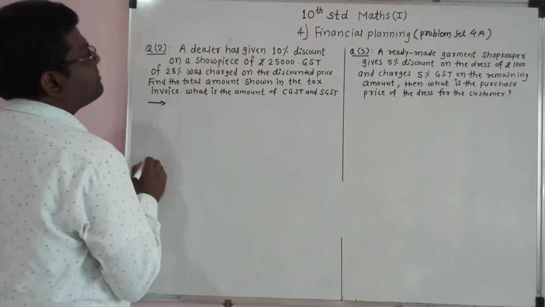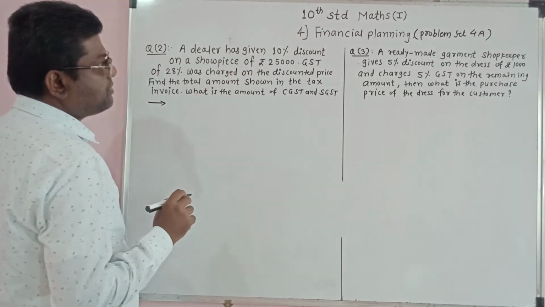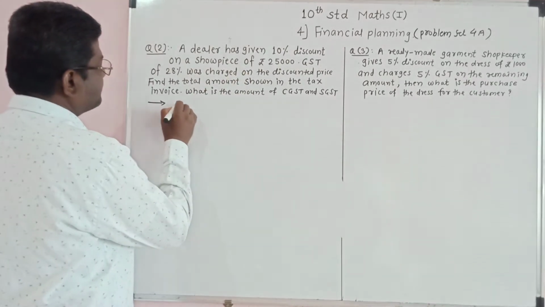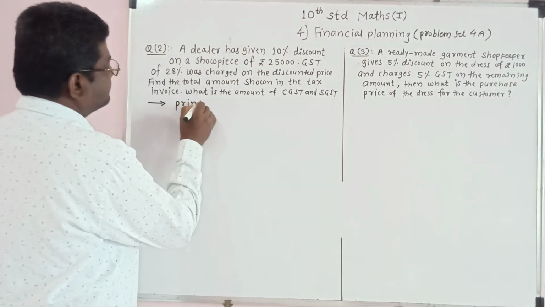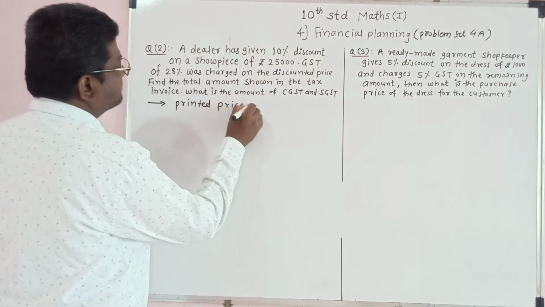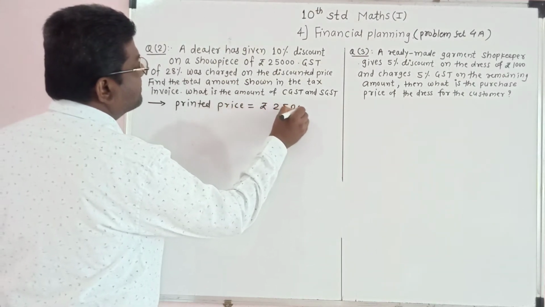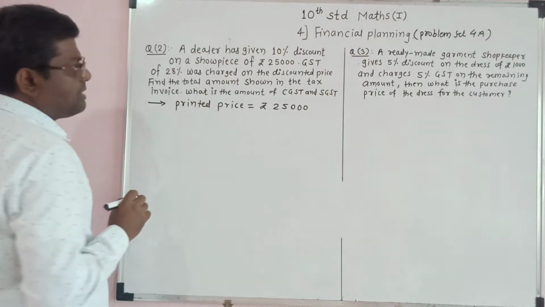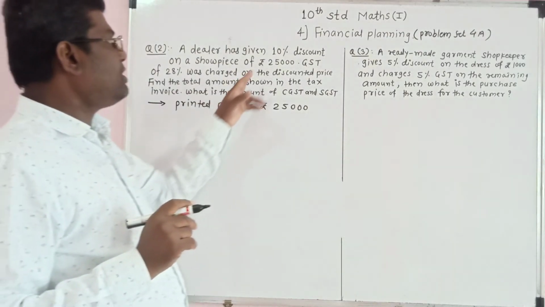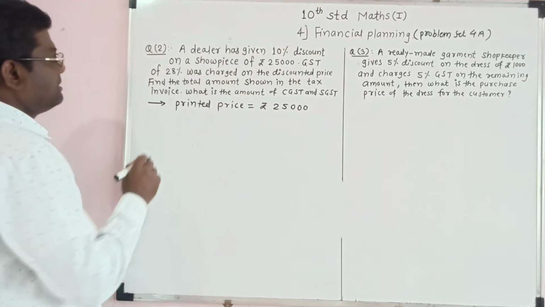Here we have given the printed price of the showpiece, that is rupees 25,000. So we write printed price is equal to rupees 25,000. Now 10% discount is given on the printed price.